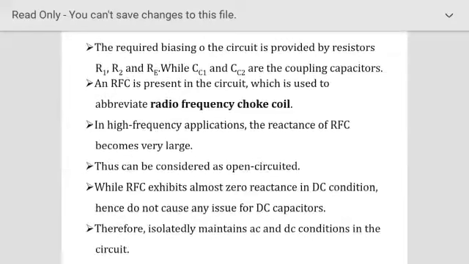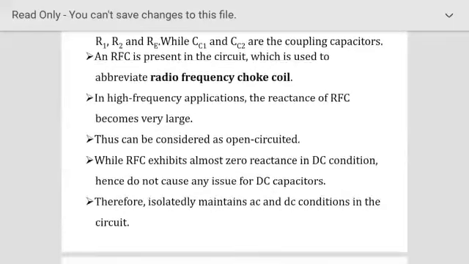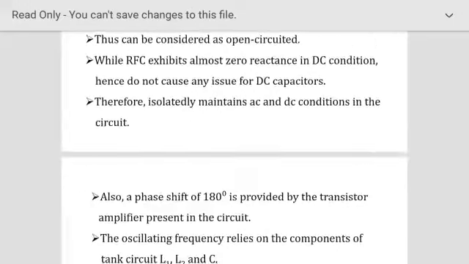In high frequency applications, the reactance of the RFC becomes very large, thus it can be considered as open circuited, while the RFC exhibits almost zero reactance in DC condition, hence does not cause any issues for DC. So therefore, it isolatedly maintains AC and DC conditions in the circuit.